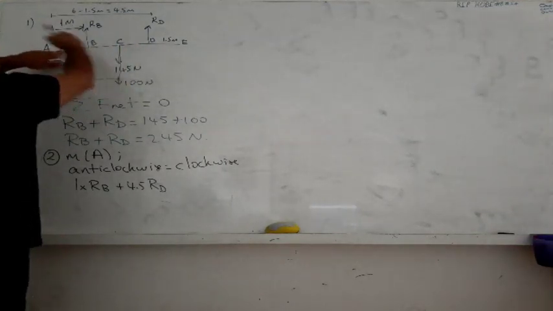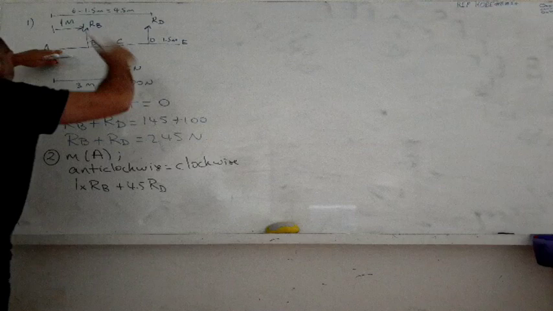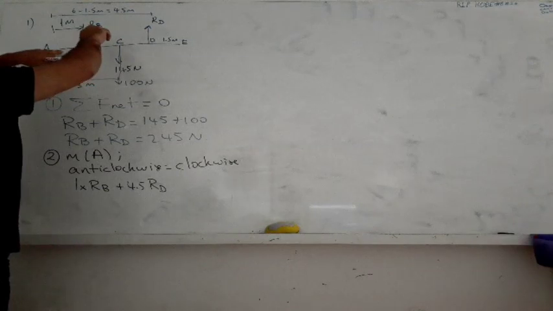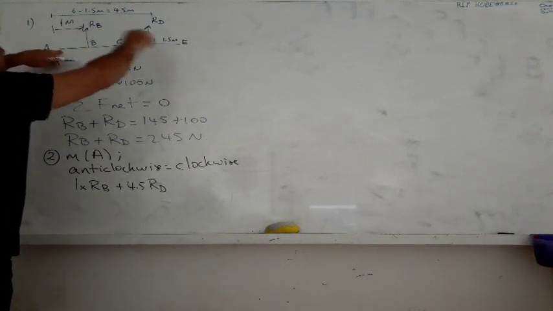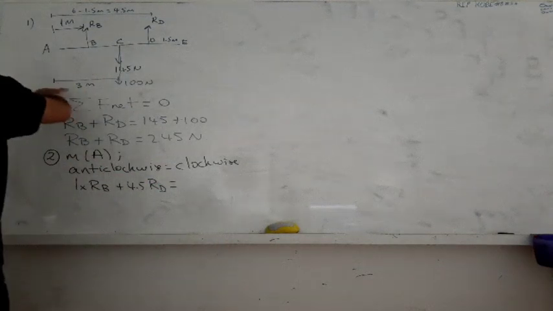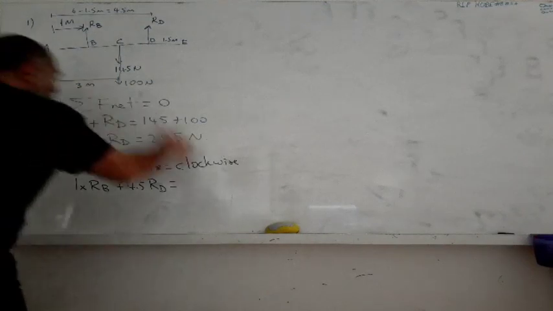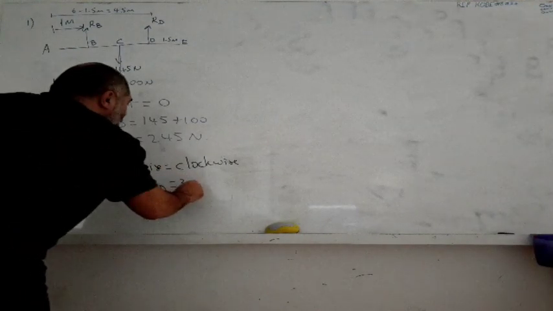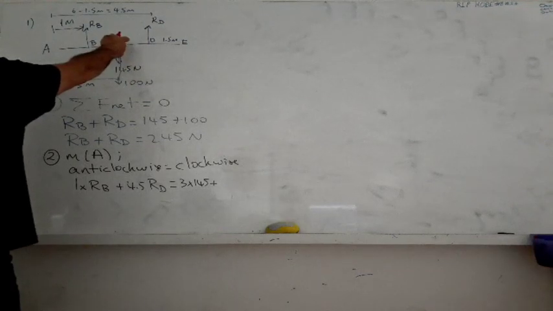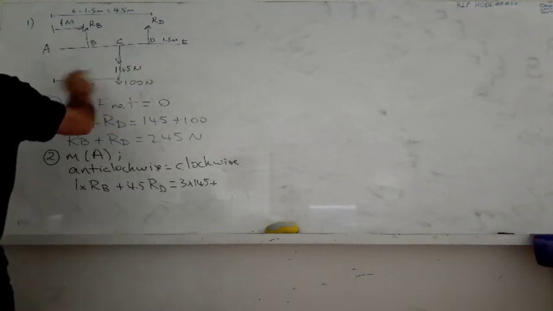Now we have two forces here pointing downwards, which cause a clockwise moment on the plank if the pivot is A. We have the same distance for two forces from A: 3 times 145, plus, again, the center of mass is at the midpoint, so it is again 3 meters from A, 3 times 100.